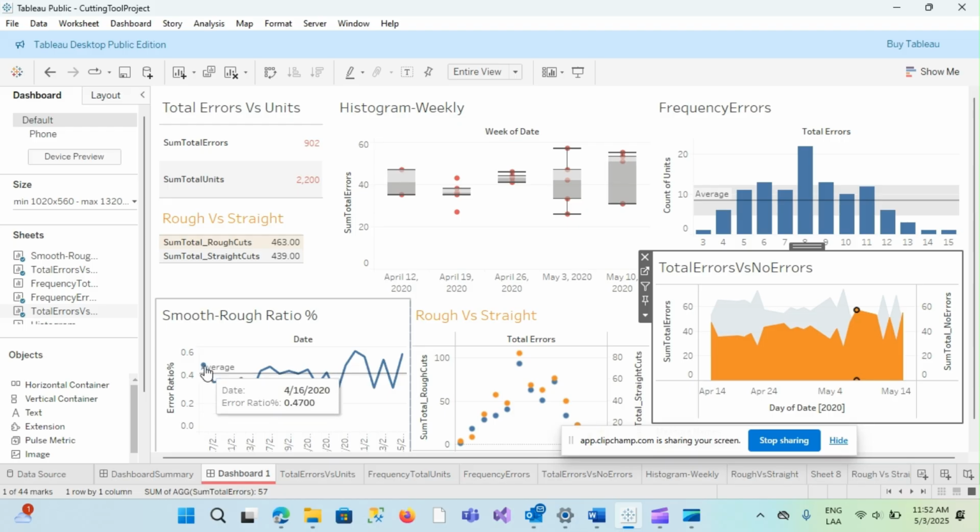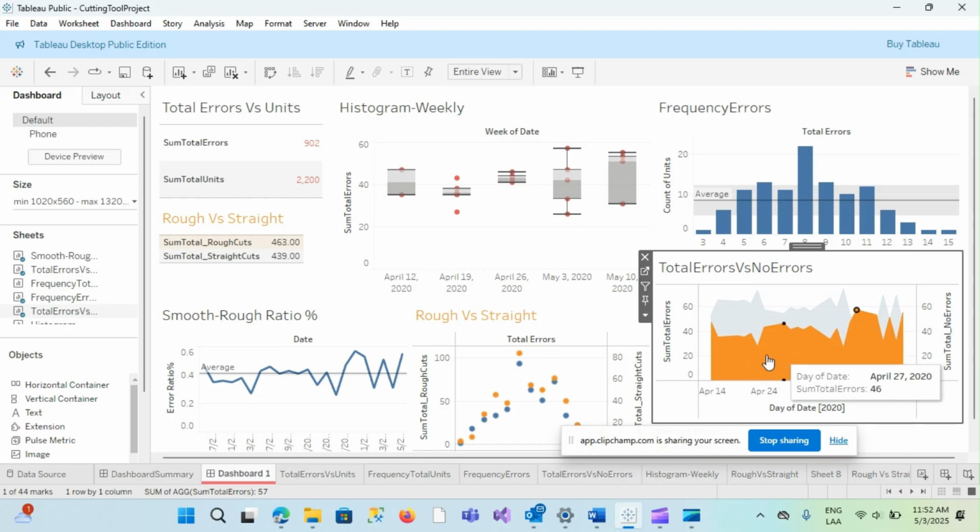If we start the experiment the first day, we'll see that 47% of the cuts were errors. So from this perspective, you can see that the machine is not working very well because almost half of the production is failing. Half of the cuts have errors. Okay, so this is just to represent that.